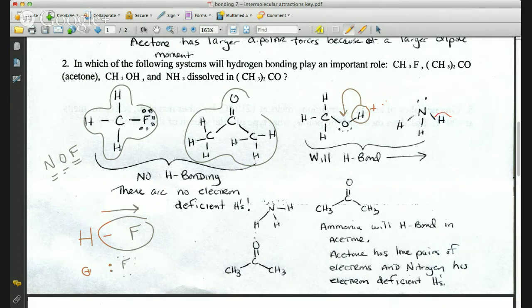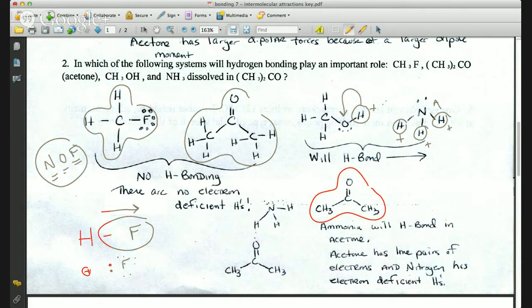Ammonia has electron deficient H's because the N is electronegative enough to expose the protons. Okay, so you're looking for an H in a polar molecule bonded with NOF that will create those electron deficient H's. Acetone does not H bond with itself, okay?